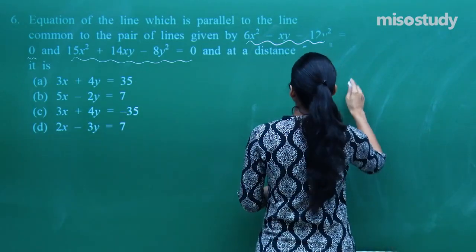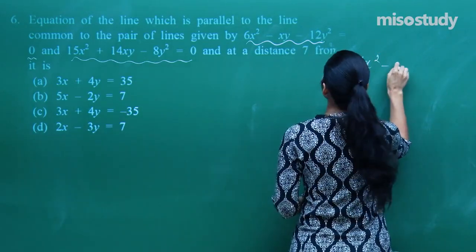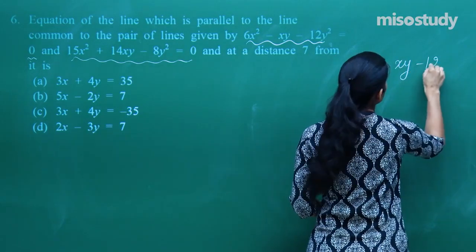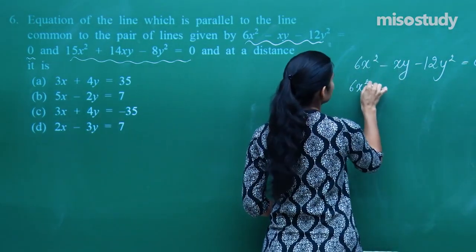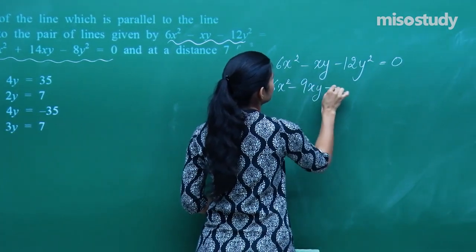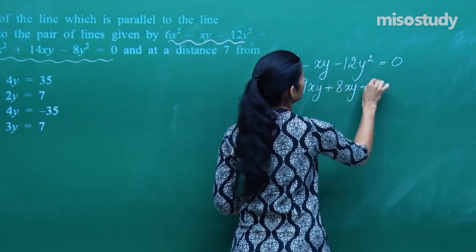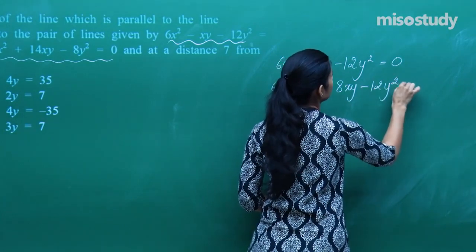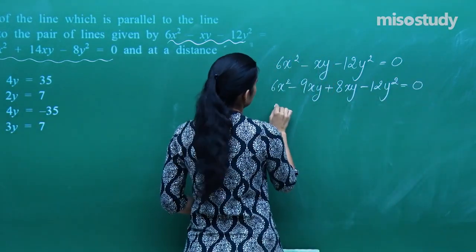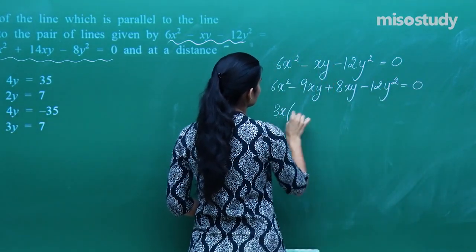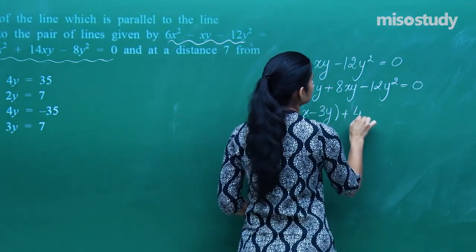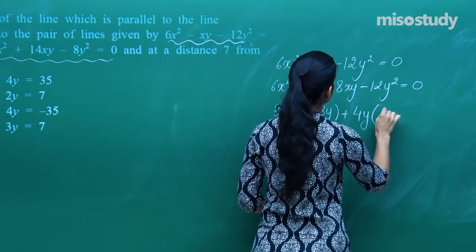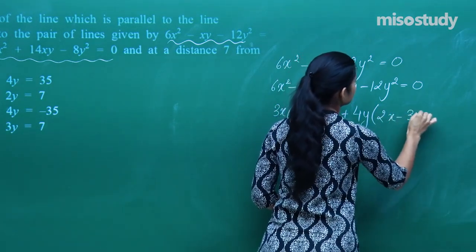Let's understand. I'm talking about 6x square minus xy minus 12y square equals 0. I can write this as 6x square minus 9xy plus 8xy minus 12y square equals 0. This brings 3x common: 3x(2x minus 3y) plus 4y(2x minus 3y).